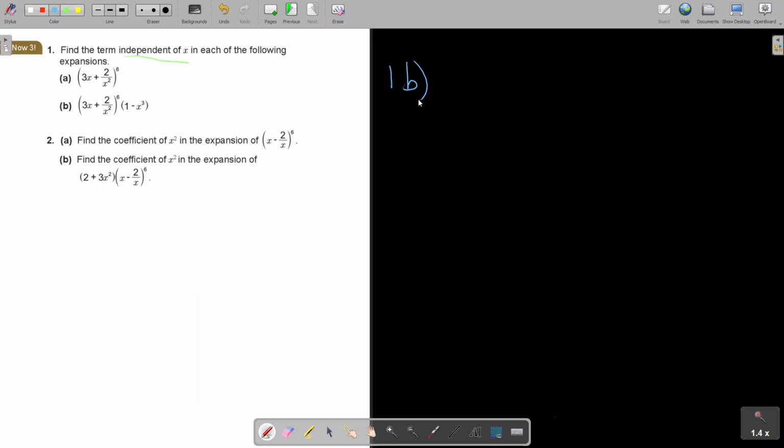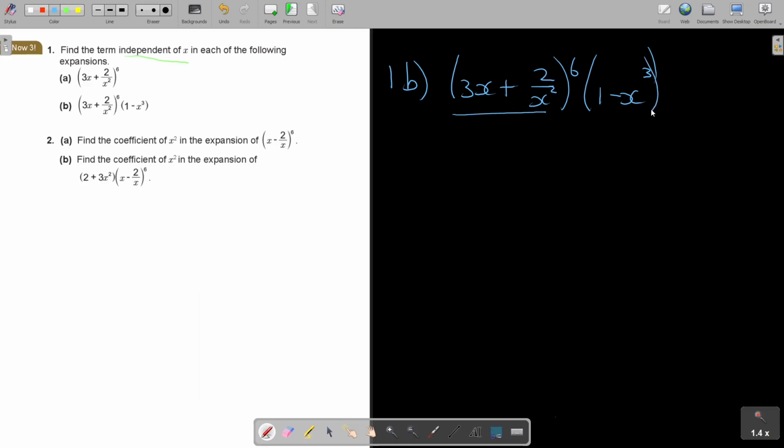I should have kept my previous answer, but it's fine. (3x + 2/x^2)^6 (1 - x^3). Now remember, we have the constant in the first bracket because they want the independent term.